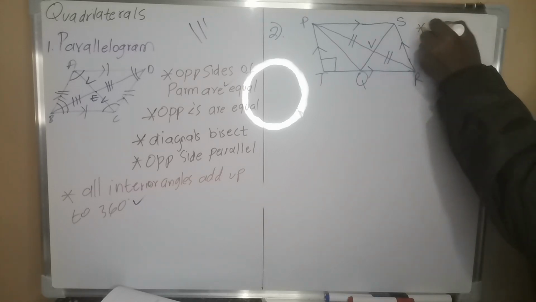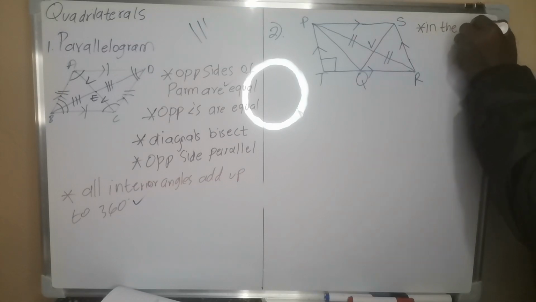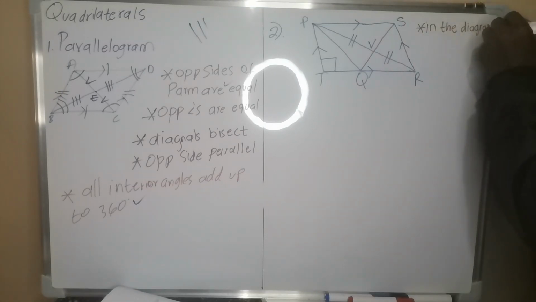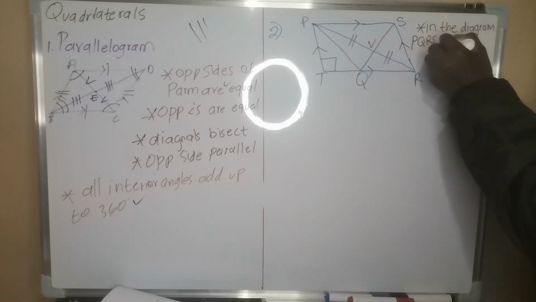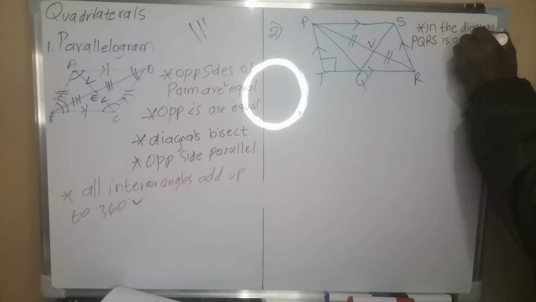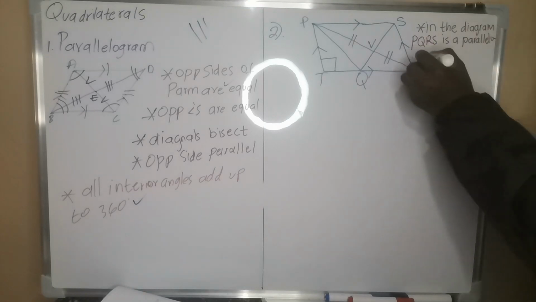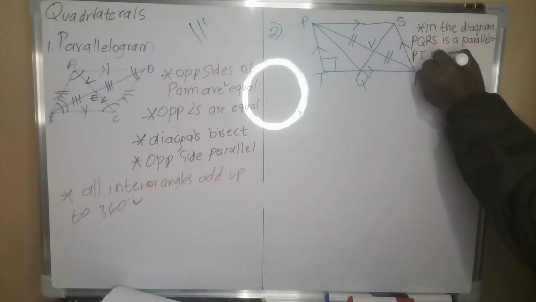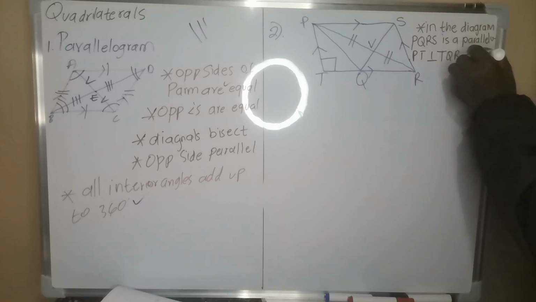Now, here's the statement. In the diagram, PQRS is a parallelogram. Then PT is perpendicular to TQR.